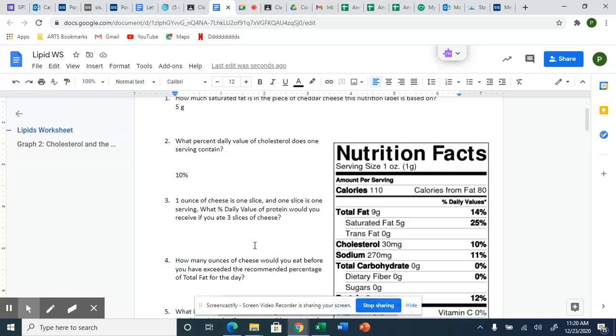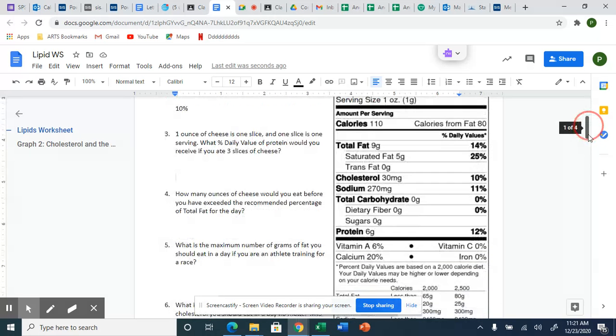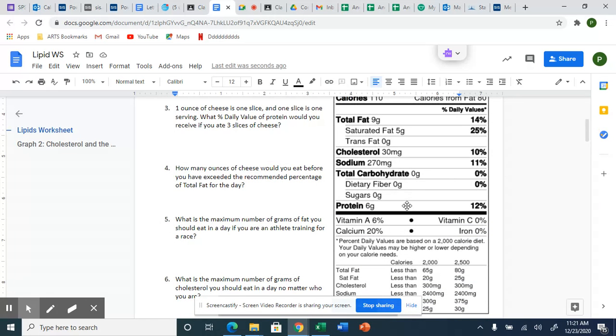What percentage daily value of protein would you receive if you ate 3 slices? All right, so let's go down to protein. Percentage, it's 12. So 12 times 3, and 12 and 12 is 24. 36, very good. 36%.